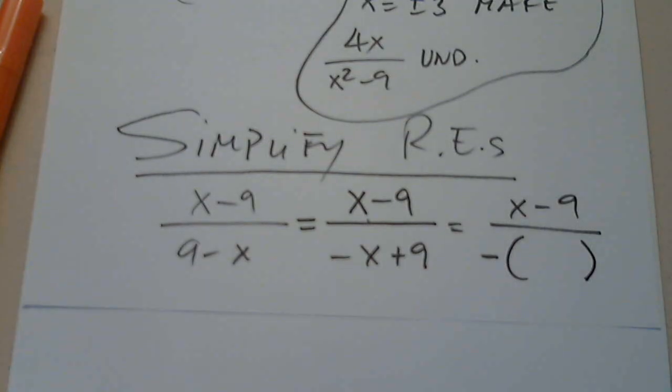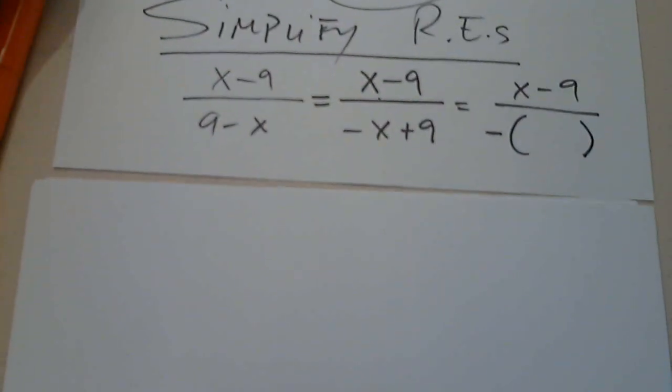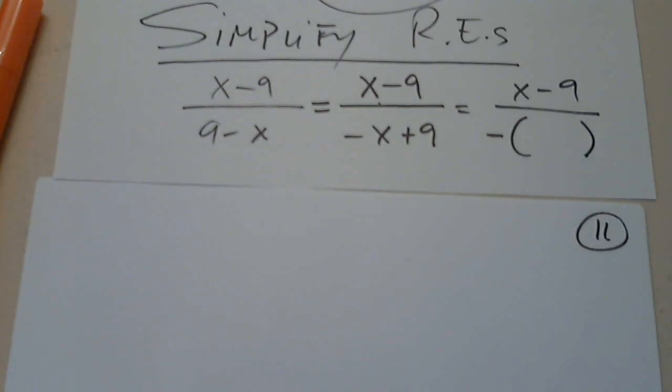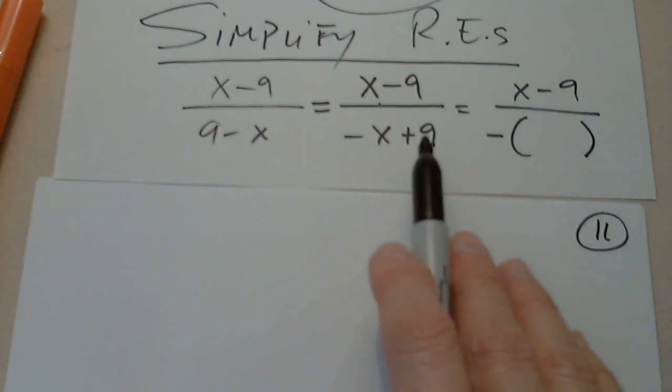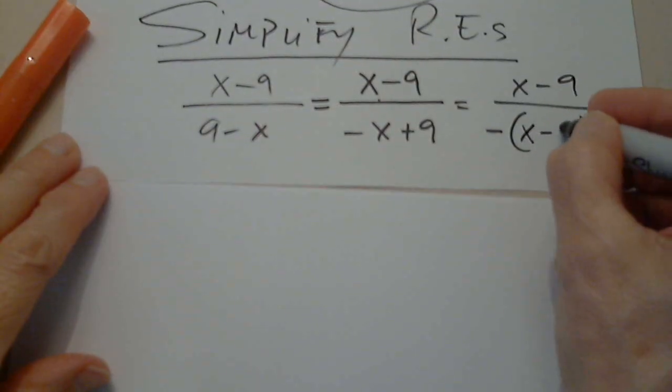And we have to make sure that we put the correct quantity inside. What should I put in here? So that this times this is this, times the second term is this. X minus 9. Excellent.